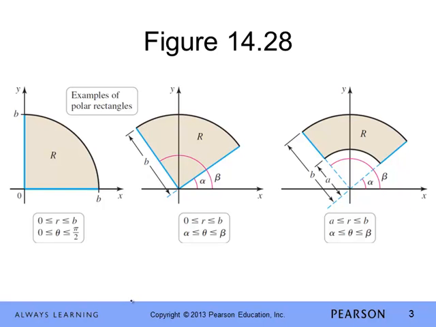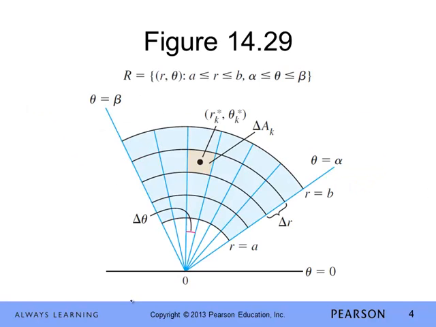All of those are polar rectangles. Just like integrating over rectangles at x and y coordinates is pretty simple, right? Well, it'll be the same thing for polar rectangles when we're dealing with polar coordinates.